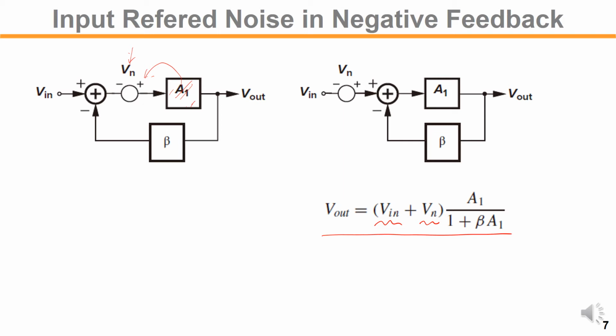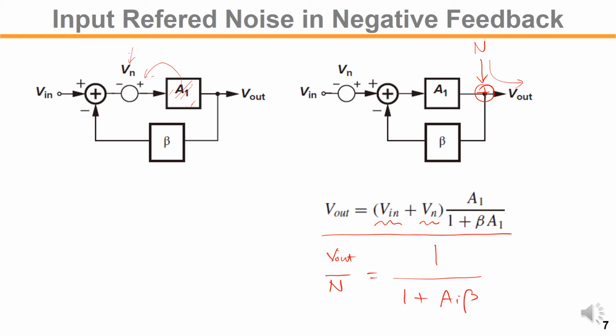Now the question is, the thing becomes different if you add noise at the output. Let's say at the output we add noise n. What is the transfer function output over n? That would be what? The path gain is 1 over 1 plus the loop gain, A1 times beta.